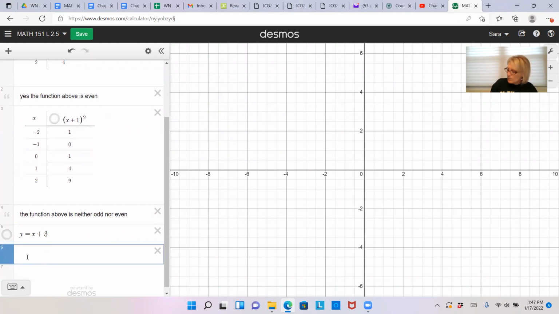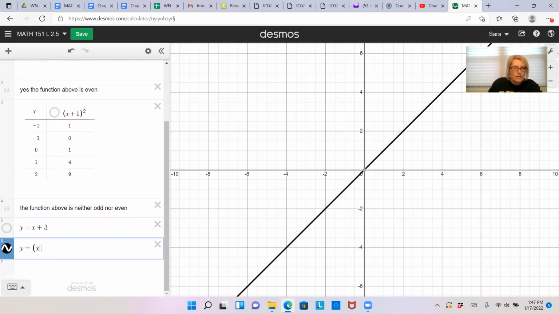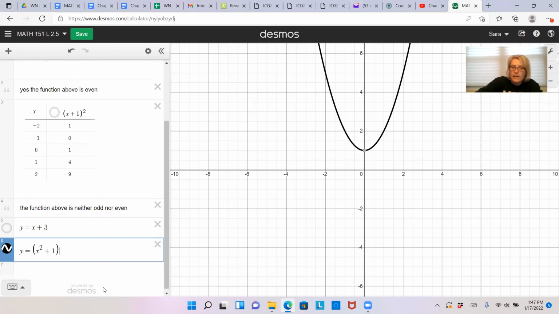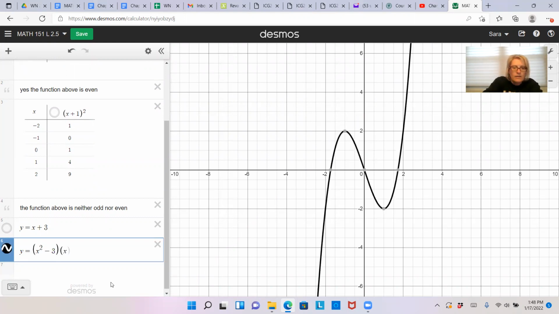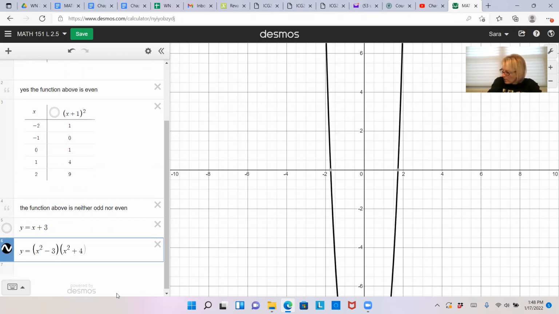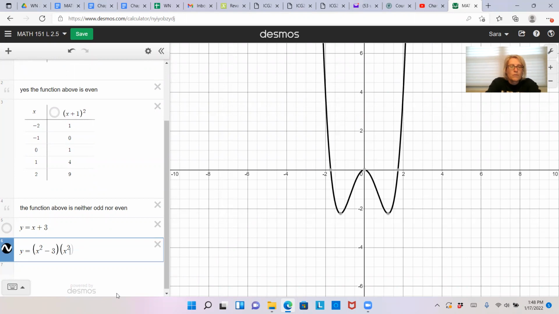So let's just put in the next one into Desmos, and then we'll also look at it using our table. So we have y equals x squared plus 1. Oh, no, minus 3 times x squared plus 4 minus 4.